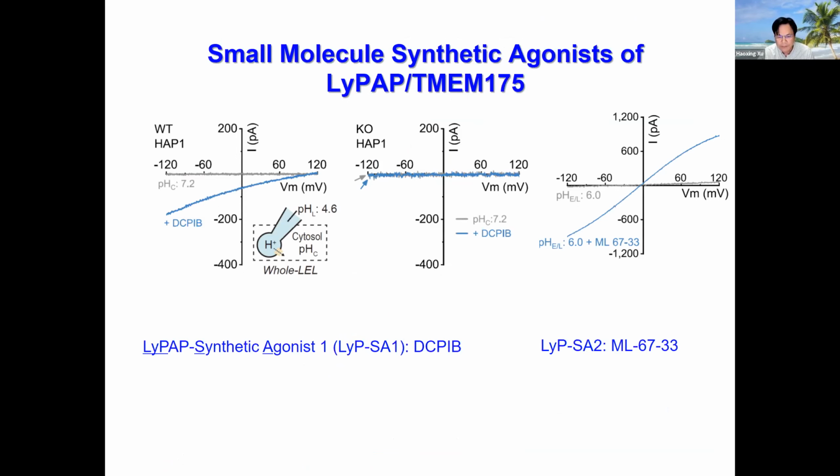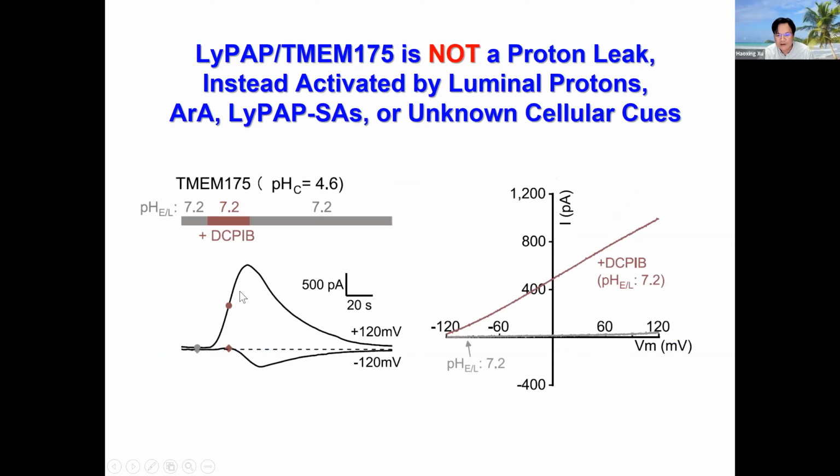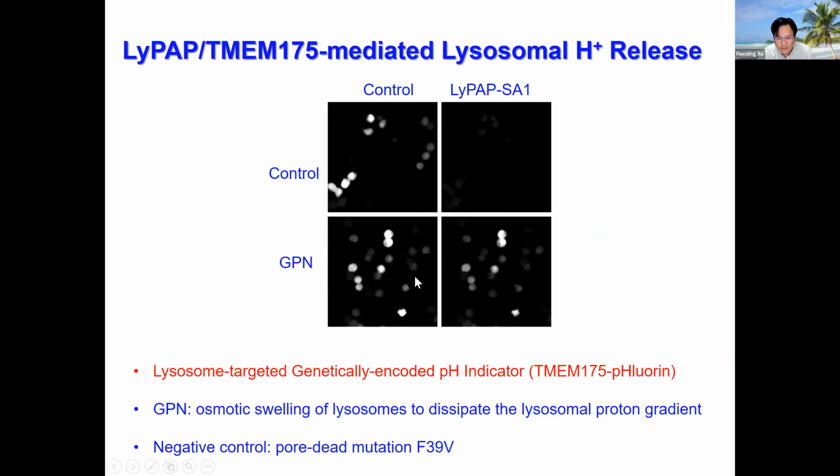When we use these synthetic agonists, we can now clearly see that in this reverse proton gradient experiment, the channel is gated. The current is purely outward. So in the lysosome, we can now measure the agonist-induced proton release from the lysosome lumen.